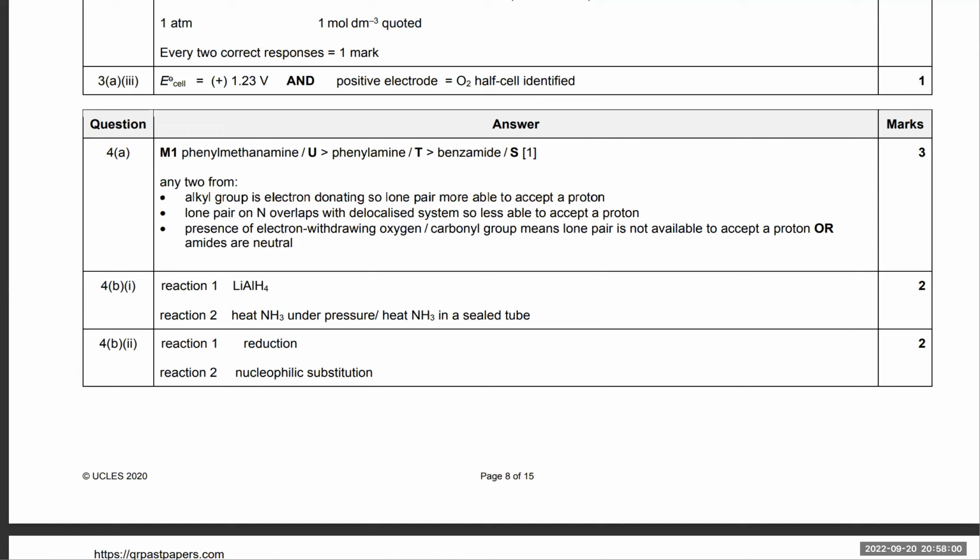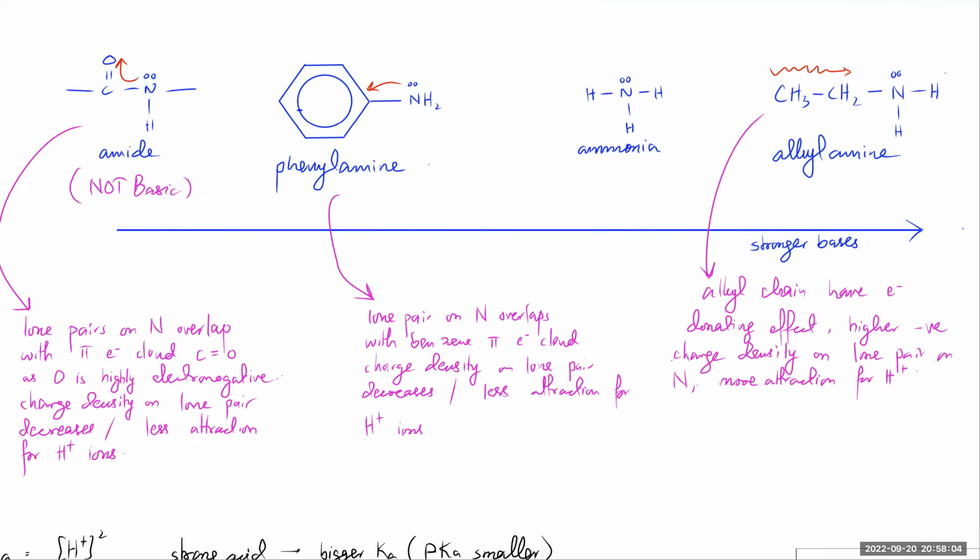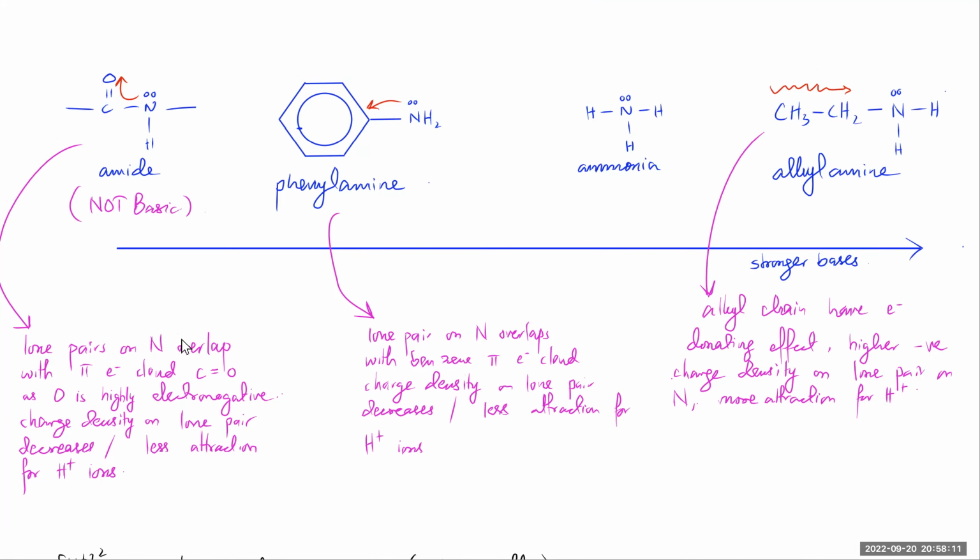So I think you should use the words not available to accept a proton. I wrote less attraction for H+, you're going to write not able to attract H+. That's better because I did write it's not basic. So anyways, that's the answer to this question.